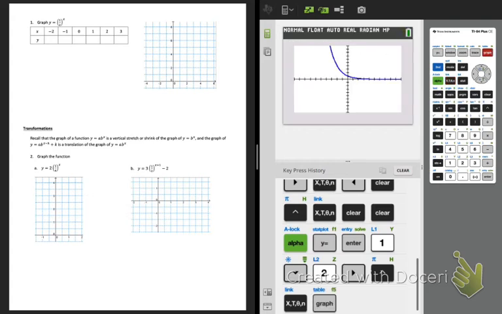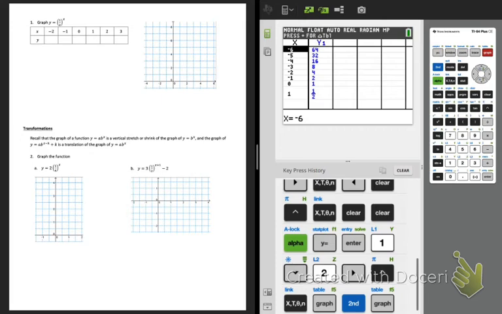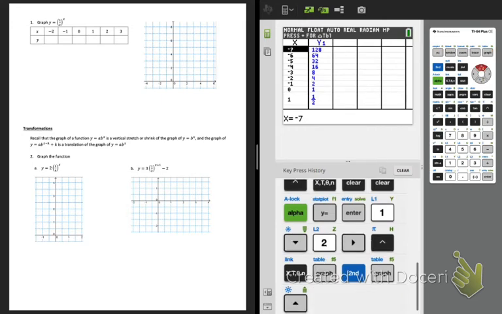So you can see how with that decay factor between 0 and 1, it's going downward from left to right. We'll go to our table. So you can see as we go towards the negative x values, we get very high y values. As we start getting closer to 0 on the x scale, we start getting a lot smaller y values. So again, I got a table listed out for you from -2 to +3. So we're just going to jot that in.